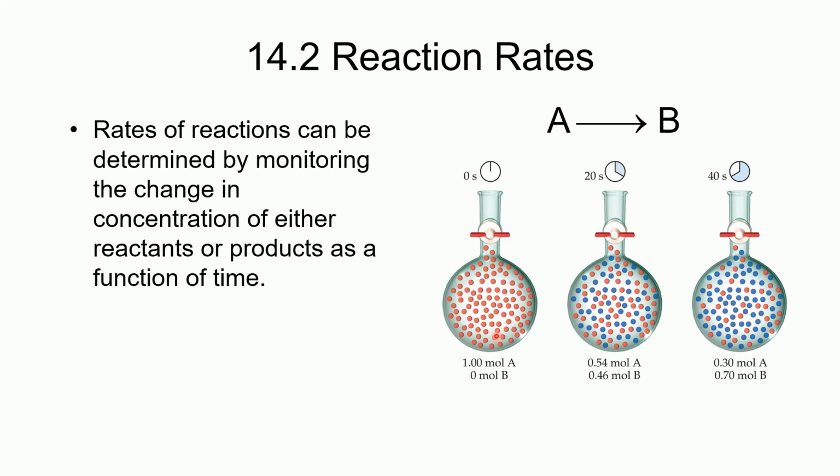Here we've got the reaction where A is getting converted into B. You'll notice that at 0 seconds we've got 1.00 moles of A and no moles of B. After 20 seconds, we've got 0.54 moles of A and 0.46 moles of B. And after 40 seconds, it's down to 0.30 moles of A and 0.70 moles of B. So you'll see that the A is decreasing and that the B is increasing.